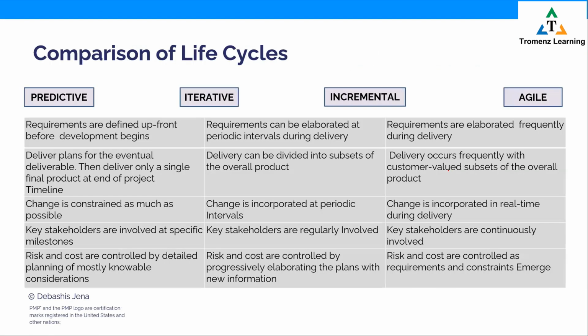So we have predictive at one end, and a term we use for all the three other life cycles. We call them adaptive. So broadly, there are two types of life cycles, predictive versus adaptive. Within adaptive, there are iterative, incremental, and agile. And why do we call it adaptive? We use the term because these life cycles adapt. I mean, they welcome changes, identify improvements and implement.